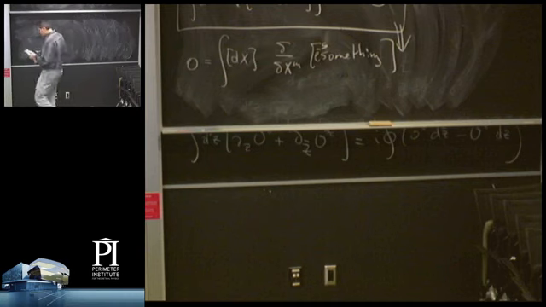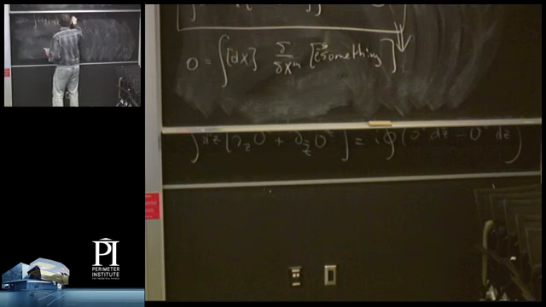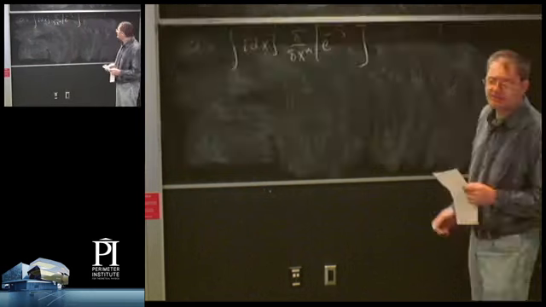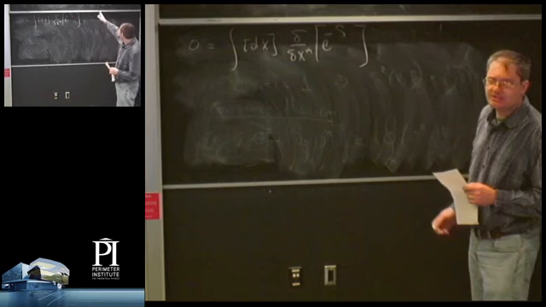Very good. So I have 0 equals the functional integral Dx of delta over delta x mu of e to the minus S. I'm looking at a specific example of the general vanishing theorem where my something is actually 1.